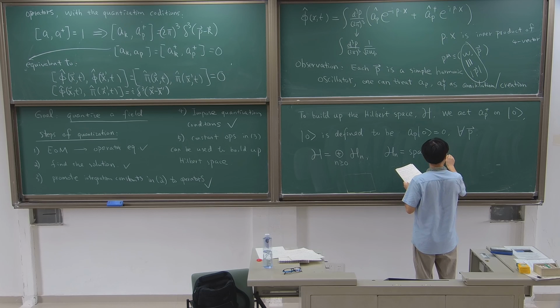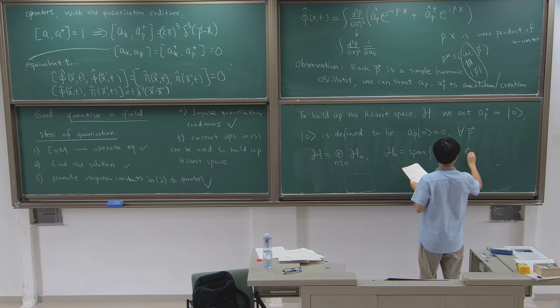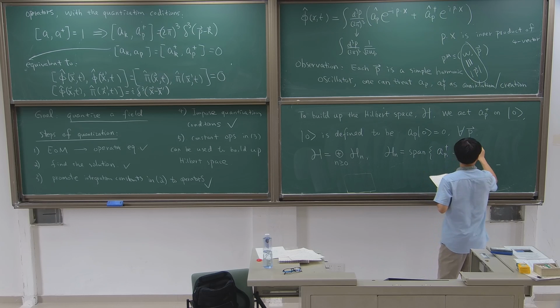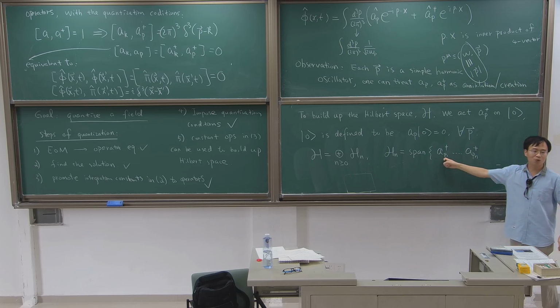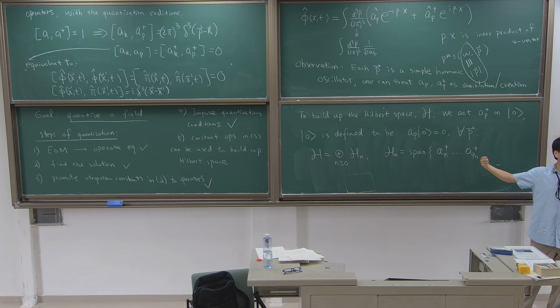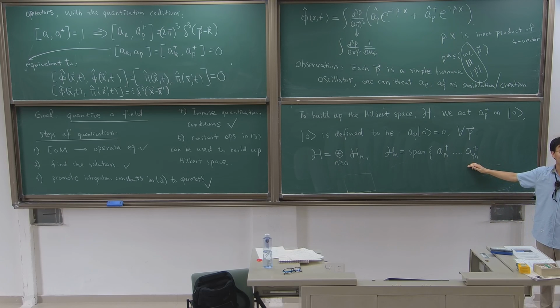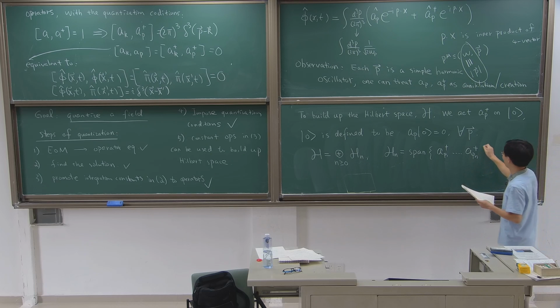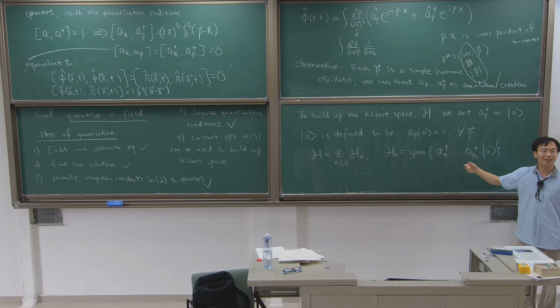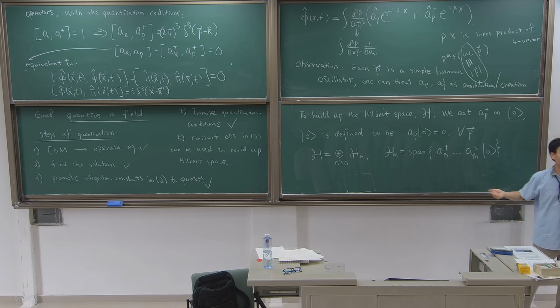For instance, I can take p1 to pn, which can be the same, some of them the same or others different; it doesn't matter, whatever momentum. Because p is just the index, you can choose whatever you want. The point is I act n times on this vacuum, taking into account all the possible p's, including the same or different p's.